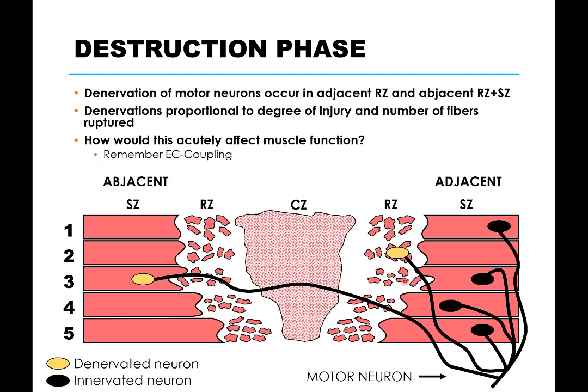Now, when a motor neuron projected from the motor nerve on the adjacent side crosses over the central zone and innervates muscle fibers on the abjacent side, the ab-adjacent side, that neuron is completely denervated, even if innervating the undamaged muscle fiber in the surviving zone of the abjacent side.